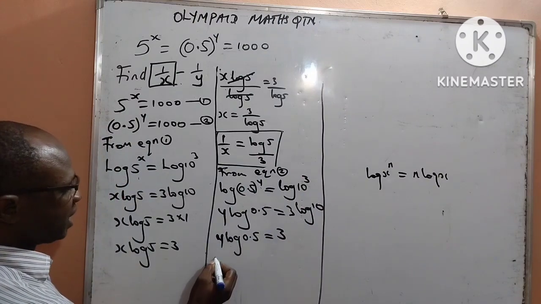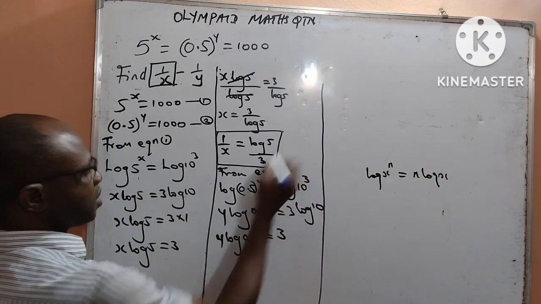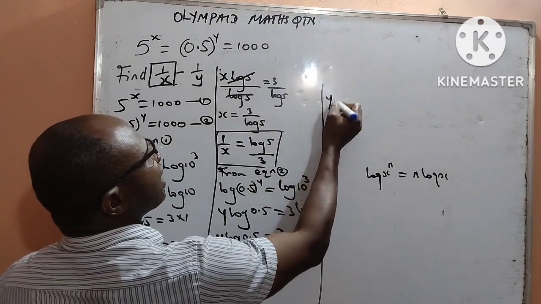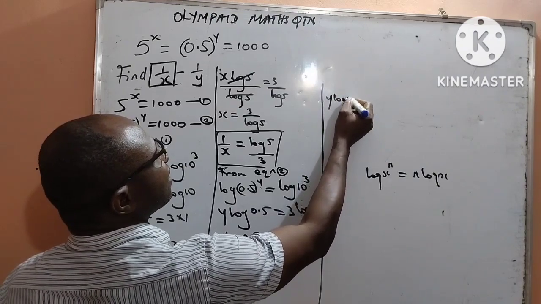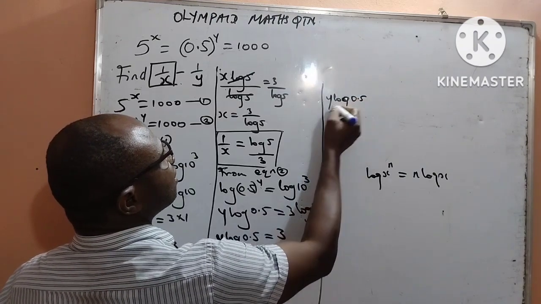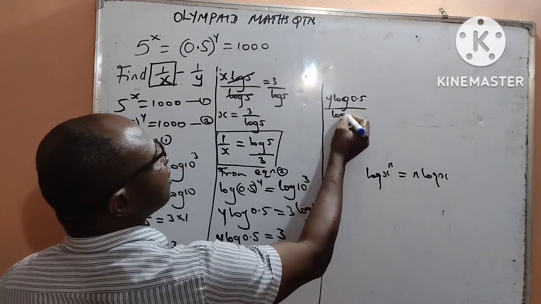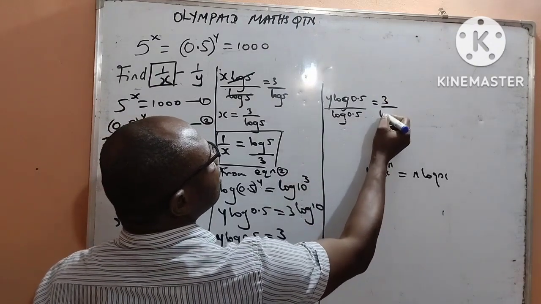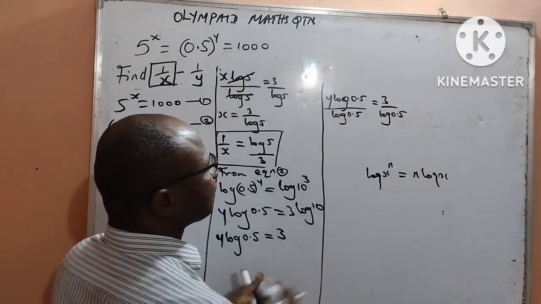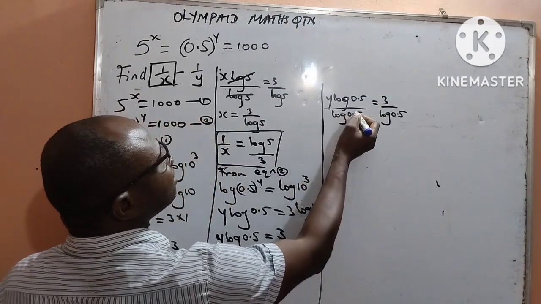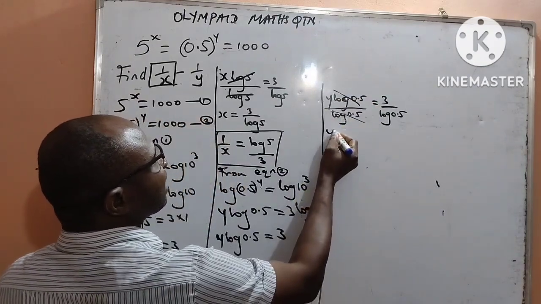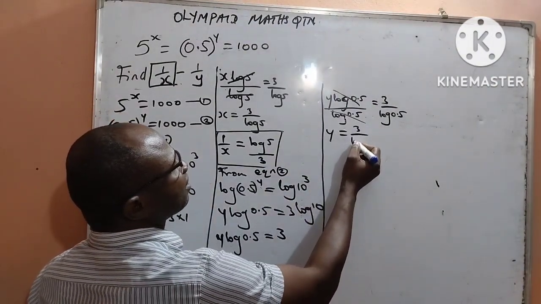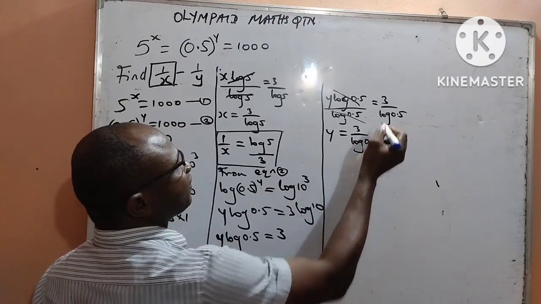Y log 0.5 divided by log of 0.5 is equal to 3 all over log of 0.5. So this now will cancel out to give me y on the left hand side, which is equal to 3 all over log 0.5.